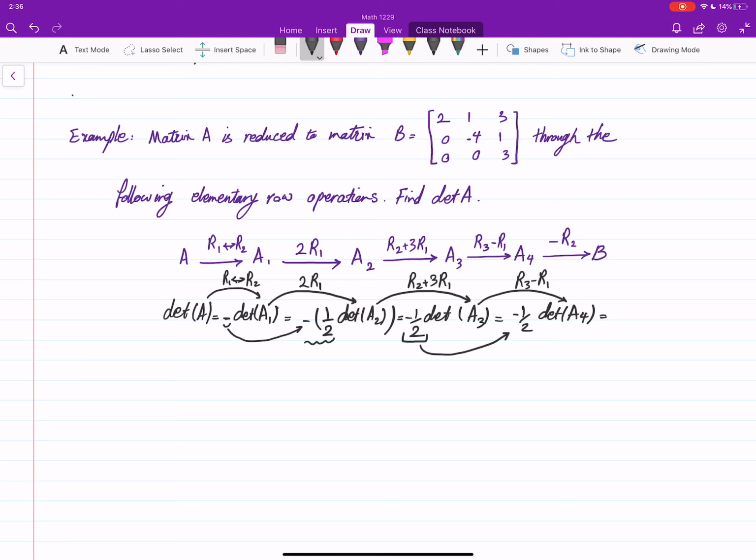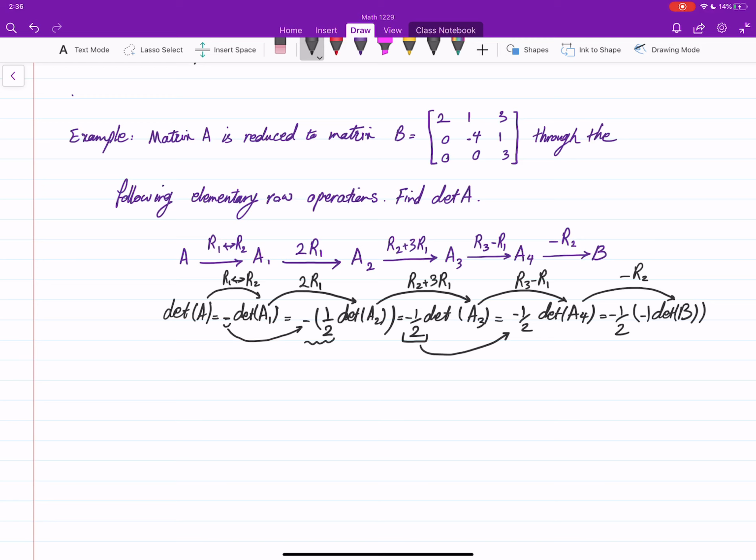And the last step, from A4 to B, we multiplied row 2 by negative 1. That means that the determinant of A4 is going to be negative 1 times determinant of B. And again, don't forget that negative 1 over 2.